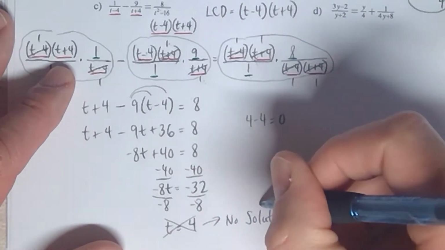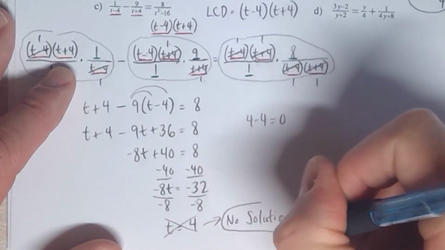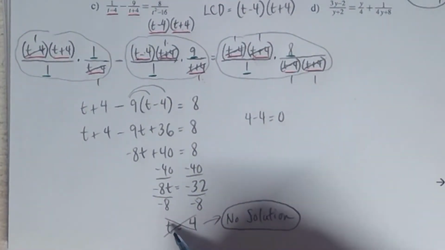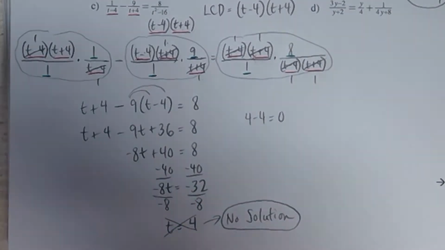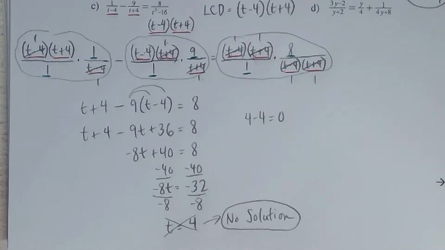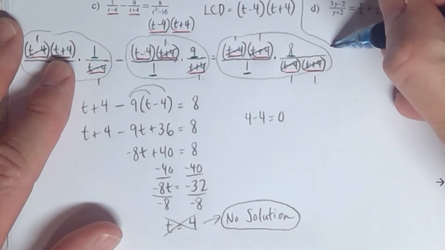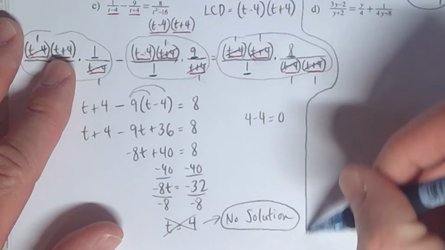Because this method I'm showing you will always give you all the good answers. It always will. So if you check your answer and it doesn't work and there's nothing left, that means there is no solution, because if there was a solution in reality, then this method would have given it to you. So if there's nothing left after you check your answers, that truly means that there is no answer.